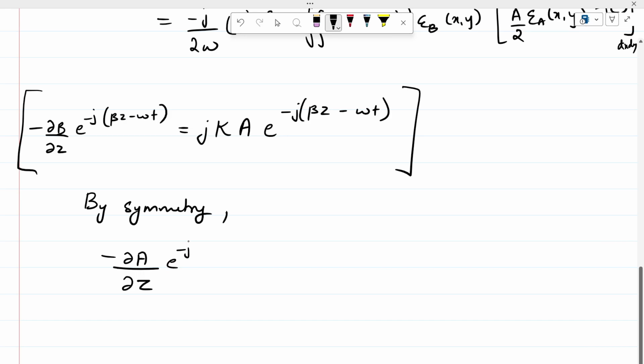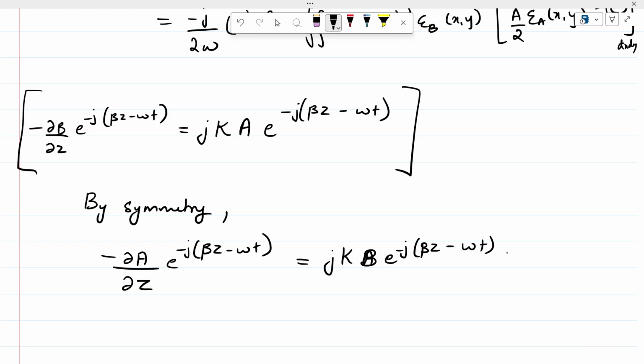So I can just write down by symmetry (beta z minus omega t) is equal to j k a, sorry, not a, b here, because now the amplitude is in B and we are shifting it to A, e power minus j (beta z minus omega t), right? So this is my equation A, this is equation B. So from these two equations, what do we see?